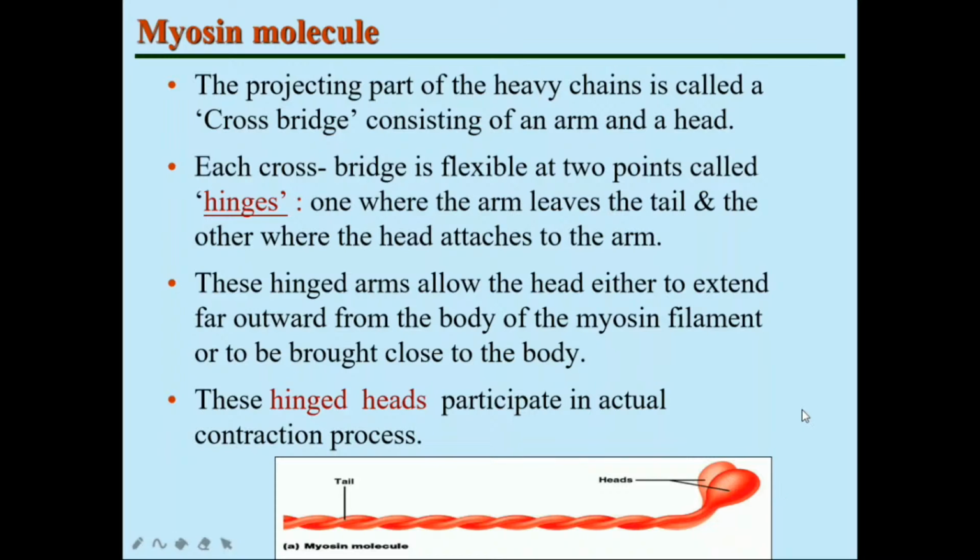These flexible points are called hinges, and they allow the head of the myosin either to extend far outward from the body of the myosin filament or to be brought close to the body. You can see from the diagram that these hinges permit the bending of the head portion towards the tail or away from the tail.